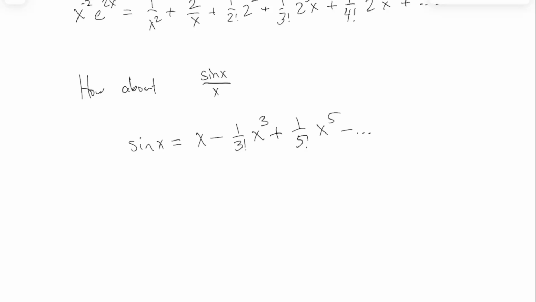And so to do sine of x over x is that same thing, but I just decrease all the x exponents by 1. And so it's 1 minus 1 over 3 factorial x squared. You just decrease all the powers by 1.